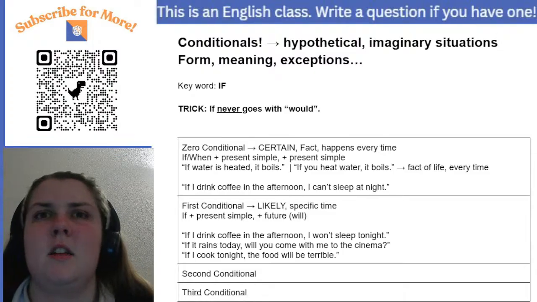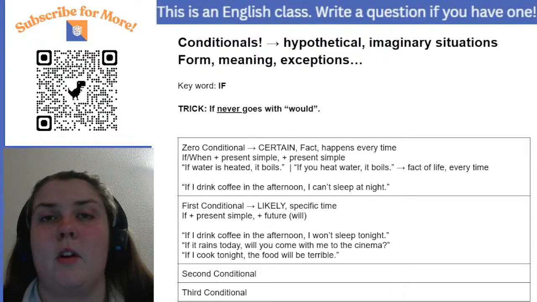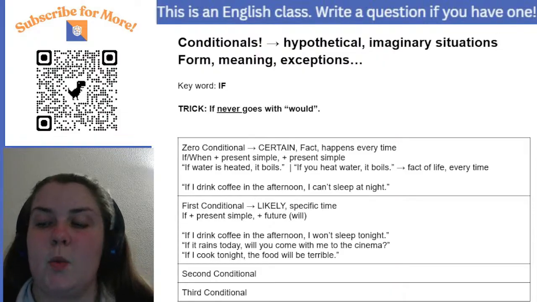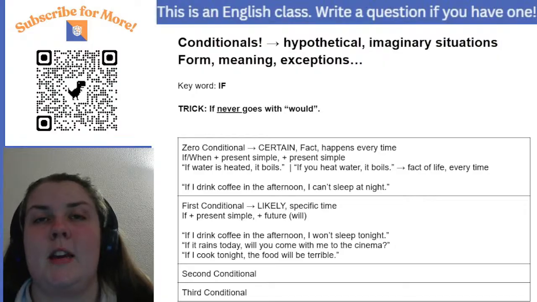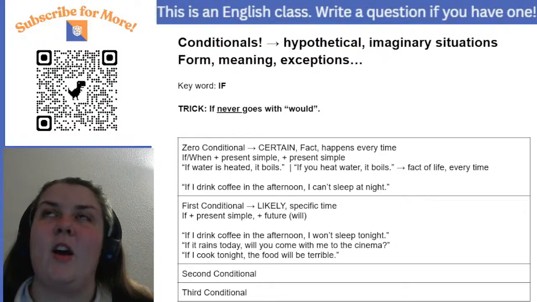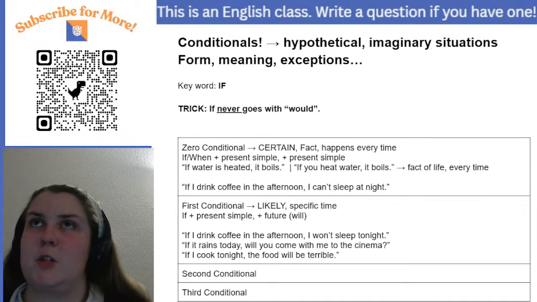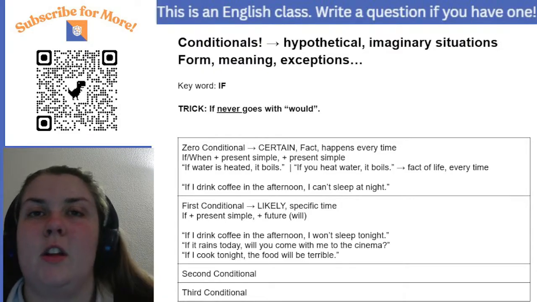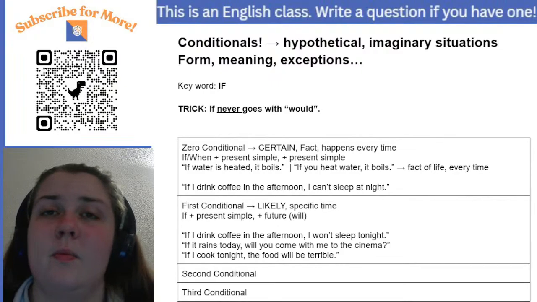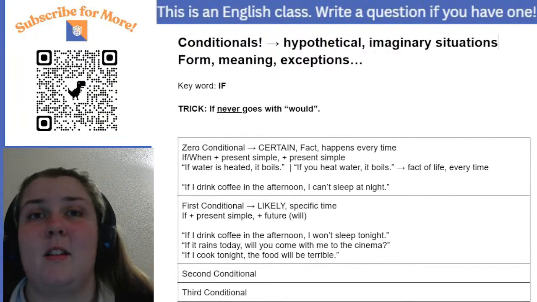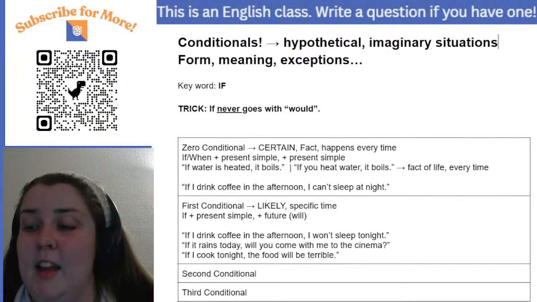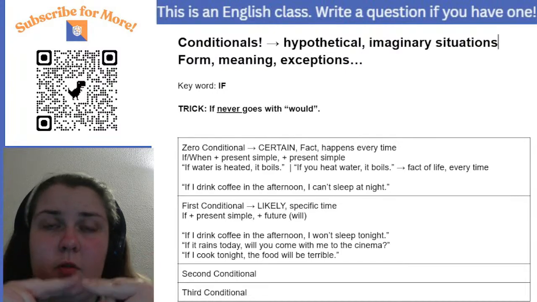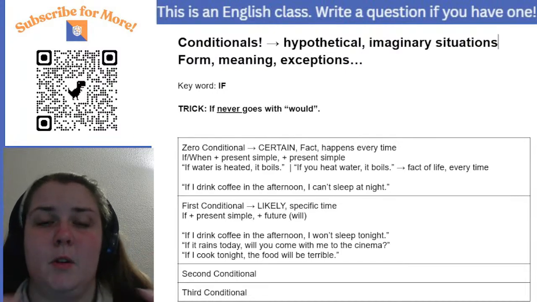It's certainly not going to come when we're talking about the condition itself. So whenever you have a student who is saying something like, if I would have been in space, I would have done, you can put a hand on their shoulder and say, hey, no, that doesn't make sense because would and if are not good friends. They do not mix. Okay?